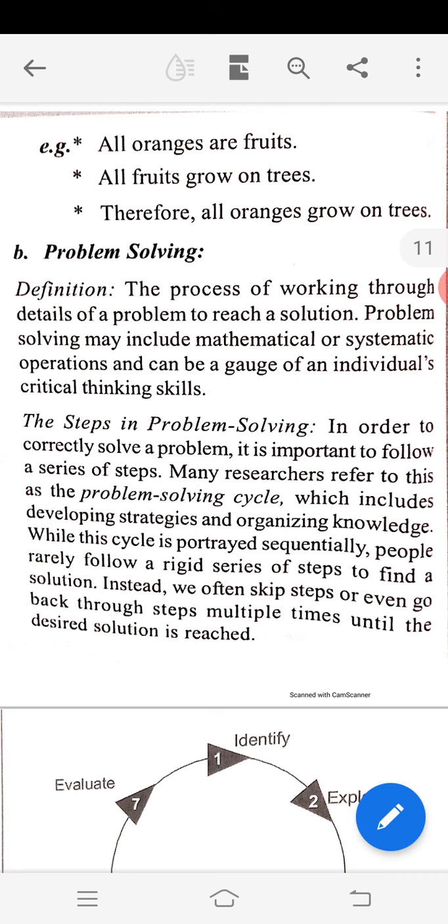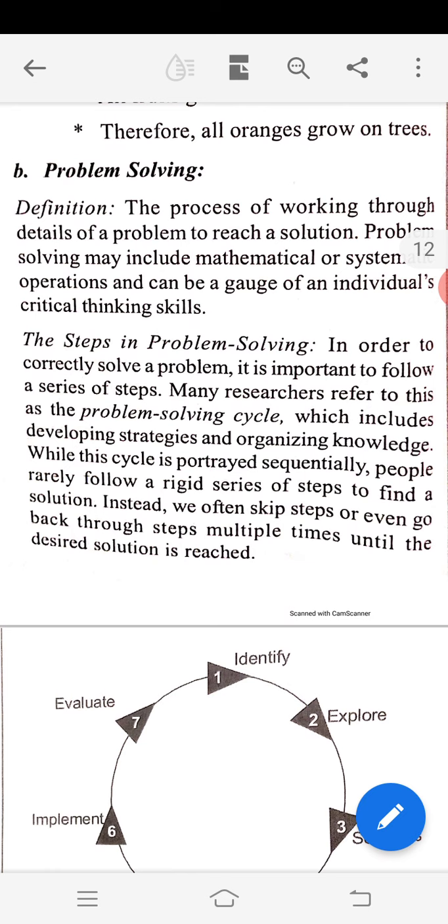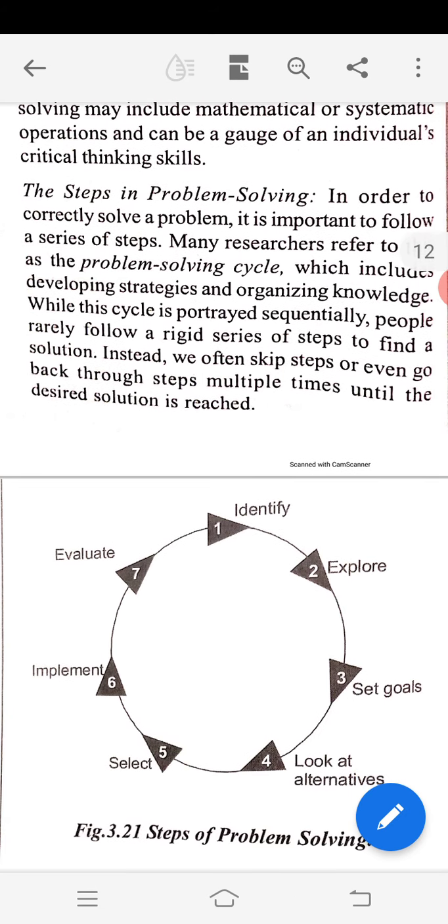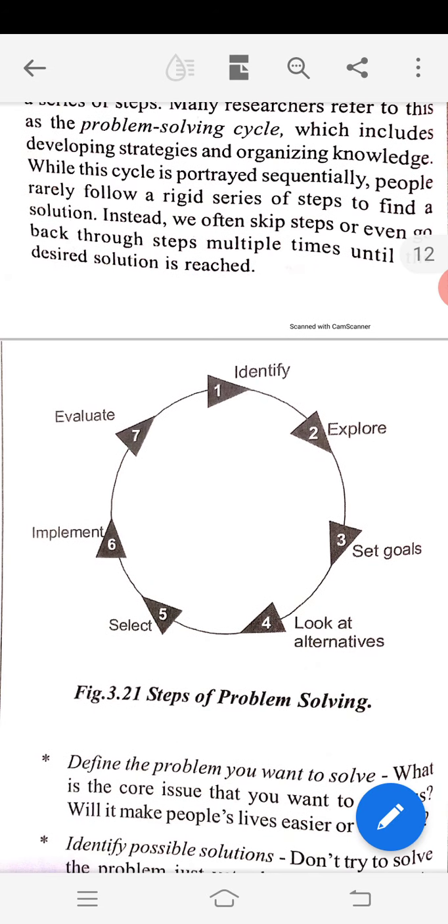Many researchers have described a problem solving cycle by which people solve problems. For that, knowledge is also required, and people follow a rigid series of steps to find the solution. See the picture. The steps of problem solving are: first identify, then second stage explore.